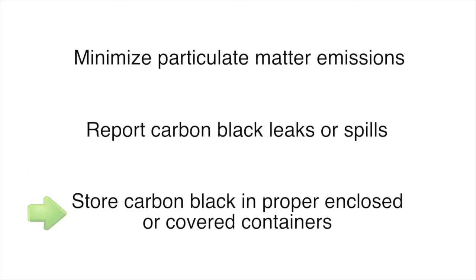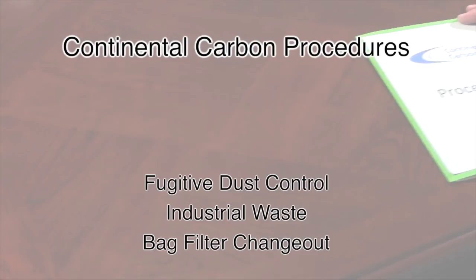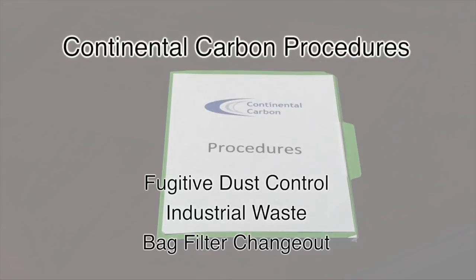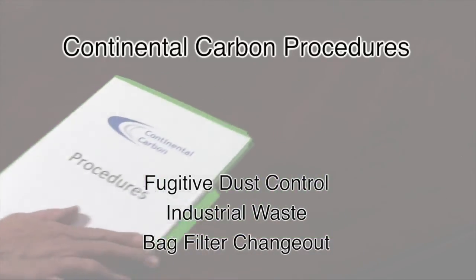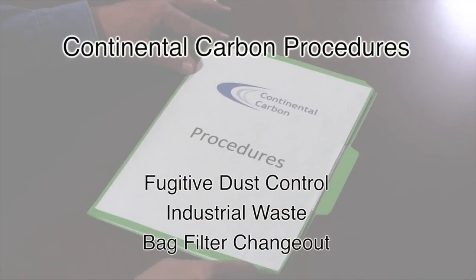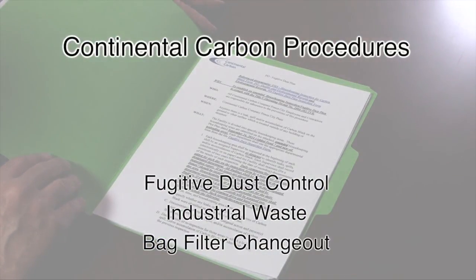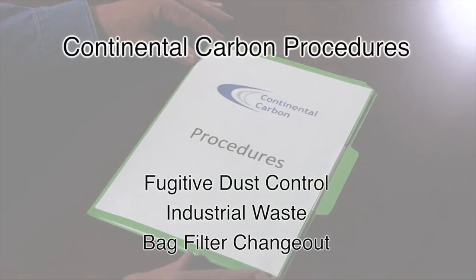Carbon black must be stored in proper enclosed or covered containers. Continental Carbon has procedures in place for fugitive dust control, industrial waste, and bag filter changeout. Your employer has been given copies of these procedures, and you must be aware of them. If you are uncertain of the procedures, your employer will provide copies to you.